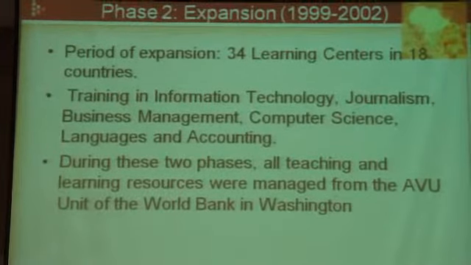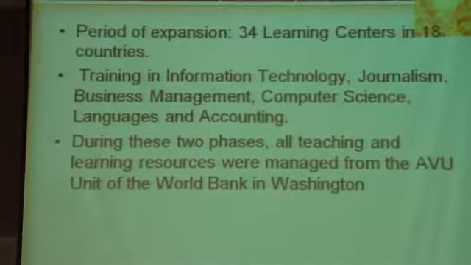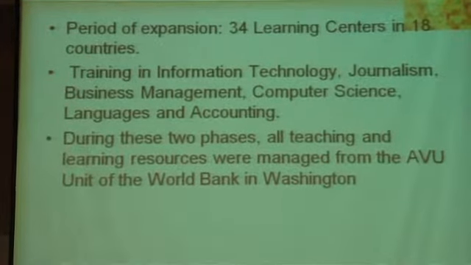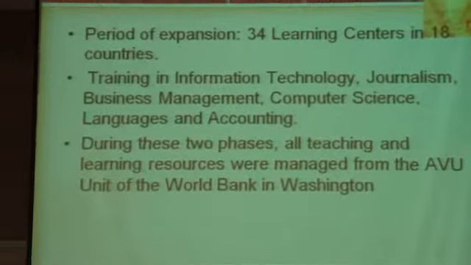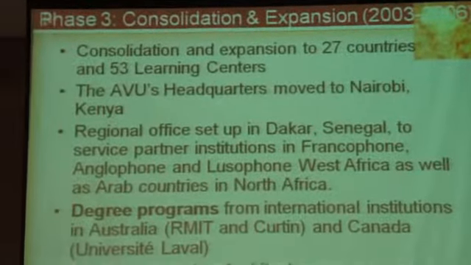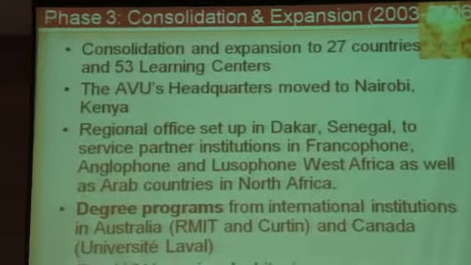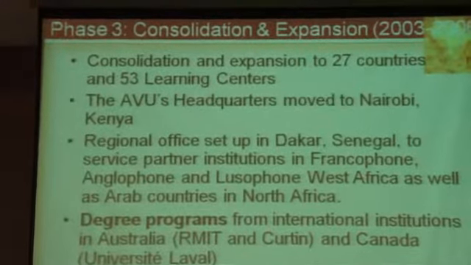The two phases I just talked about, all teaching and learning resources were managed from the unit of the ABU at the World Bank. We have a third phase, a phase of consolidation from 2003-2006.